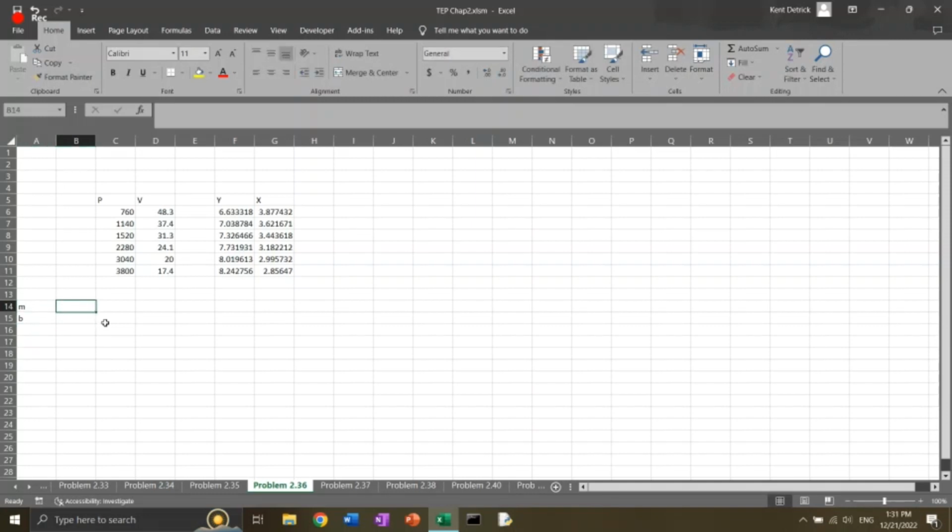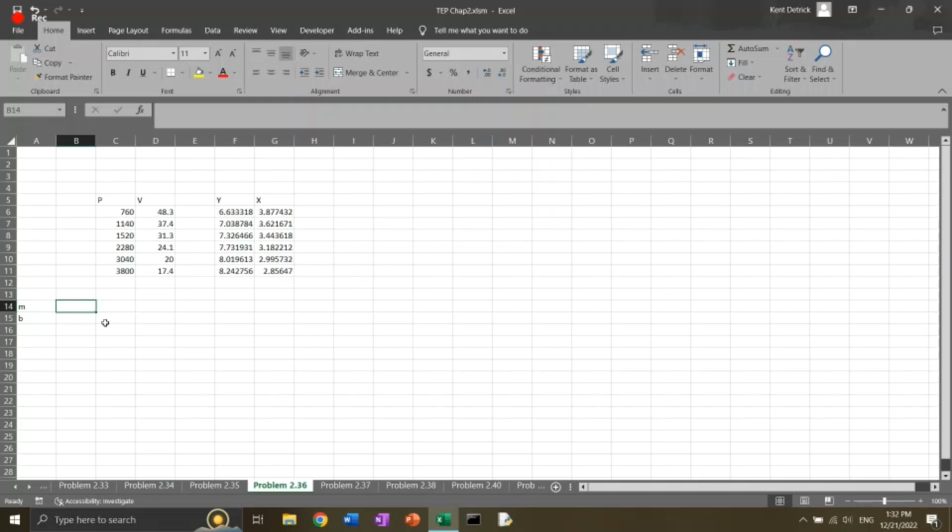I wanted to do something a little different in this one. Normally I use the computer to do the linear regression, but there is an equation in the back of the book that we could use, and that's what they tell you to use as part of this problem.